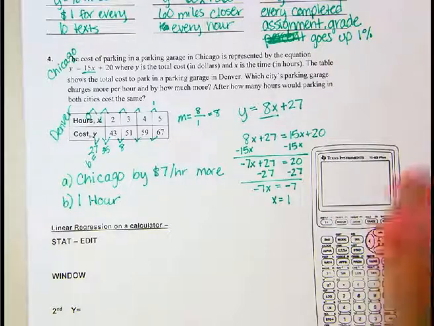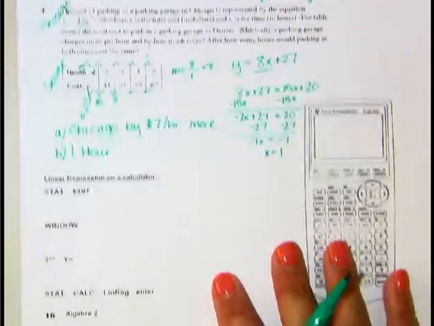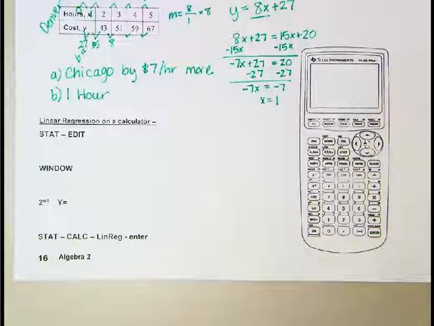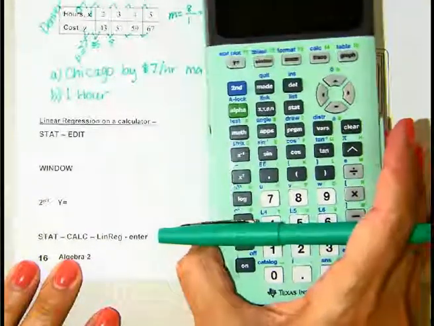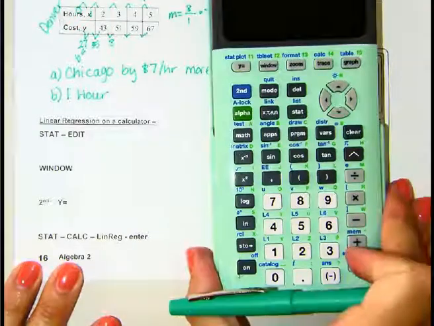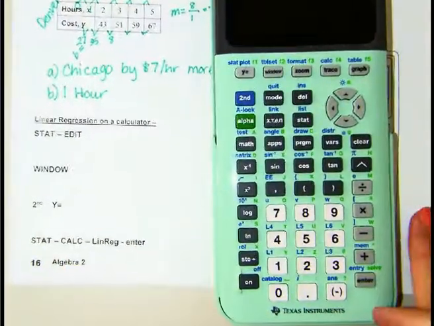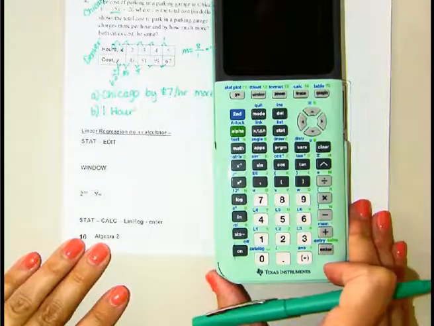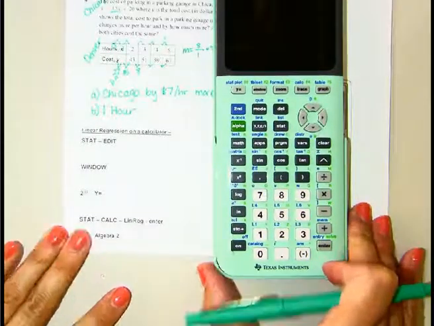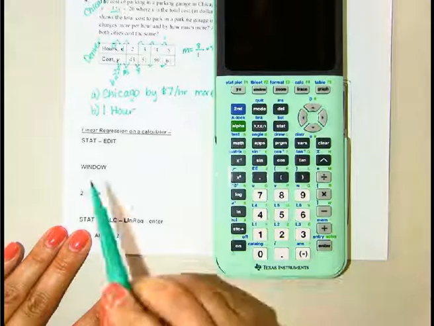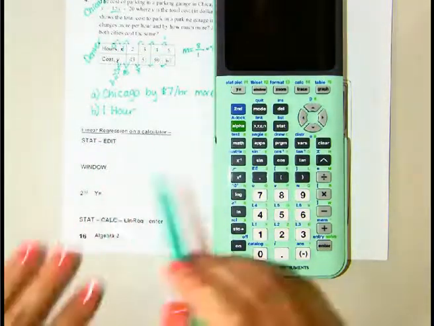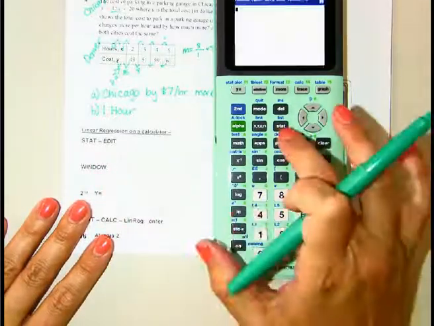All right, so now we need to go over some things about the graphing calculator. So here's a little picture, but I'm actually going to use a graphing calculator to show you the buttons a little bit. So let me zoom out just a smidge so you can see. If we are doing linear regressions on the calculator, there's this button that says Stat.